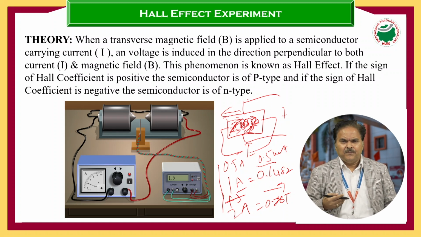So there will be carrier separation, and because of that we get a potential difference. That potential difference is nothing but voltage. So the voltage is induced while we apply the magnetic field. If your magnetic field is more, the induced voltage also increases. How we measure these things, we will study here.